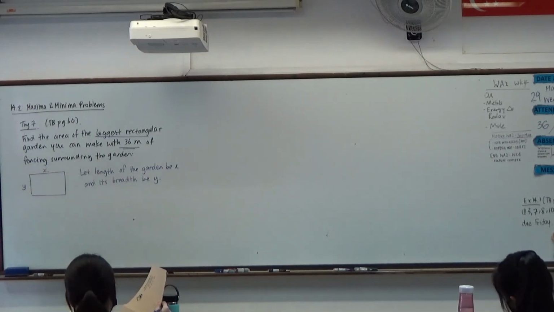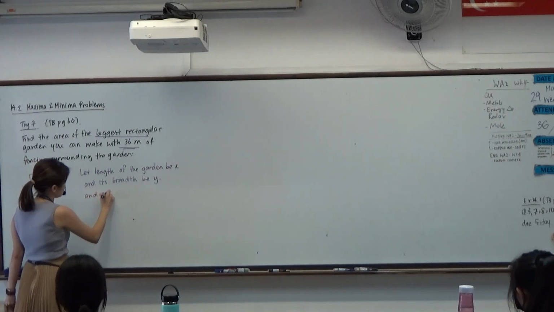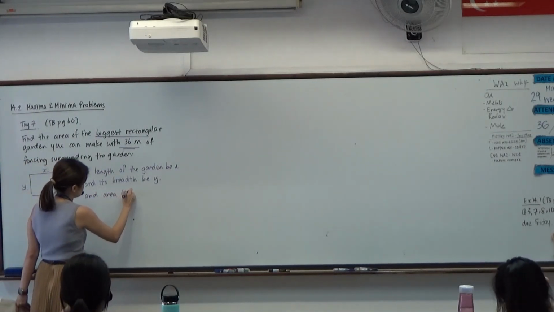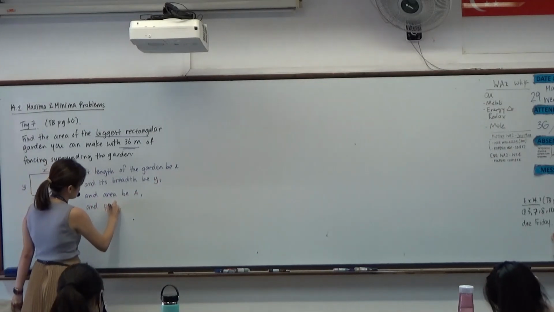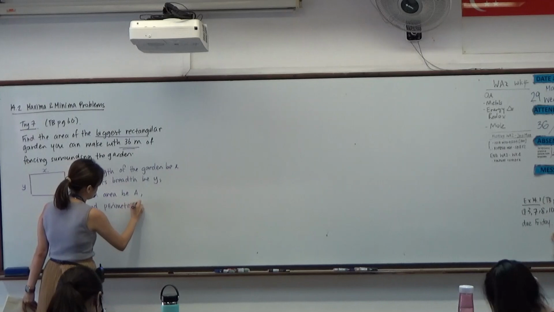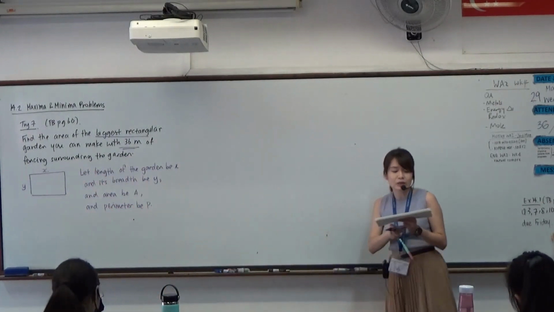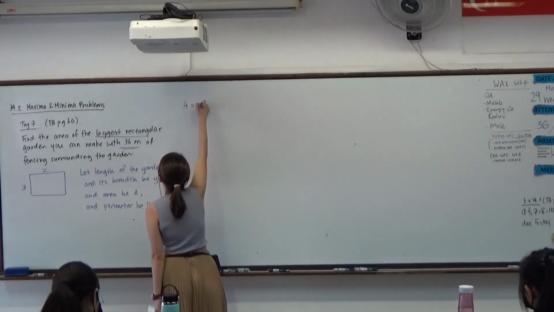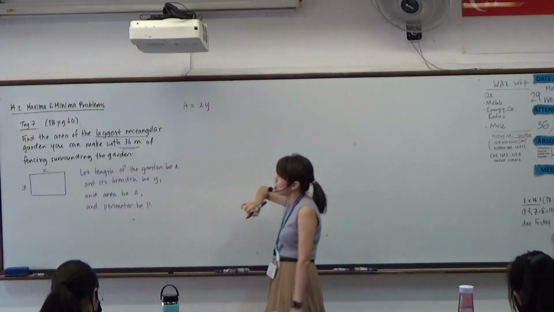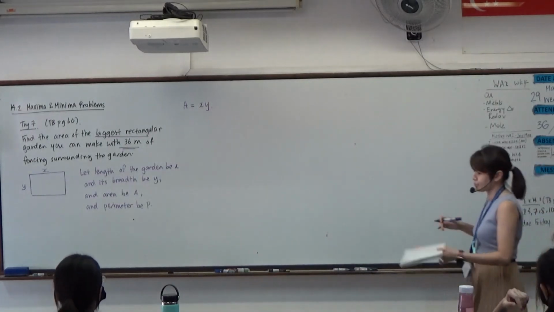Then we talk about the area and perimeter, so we also define the area to be A, perimeter to be P. I can form an equation for the area using my variables x and y, such that the area of a rectangle will be xy, because length times breadth.